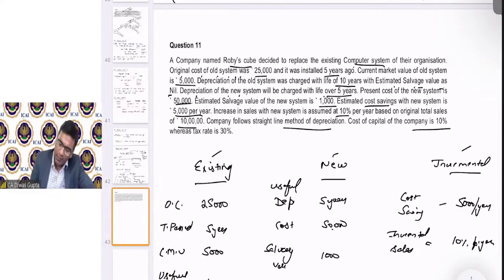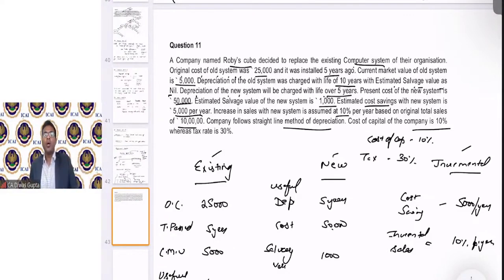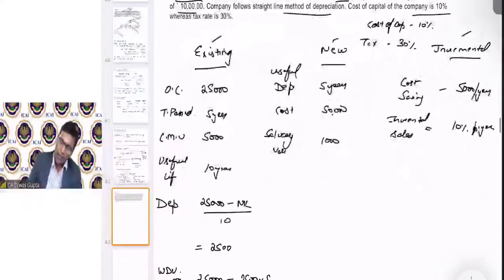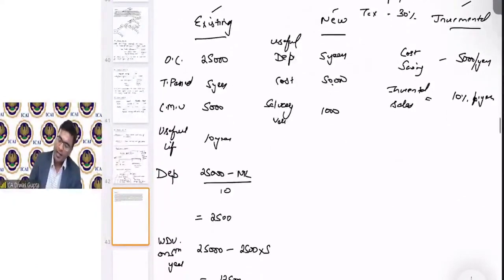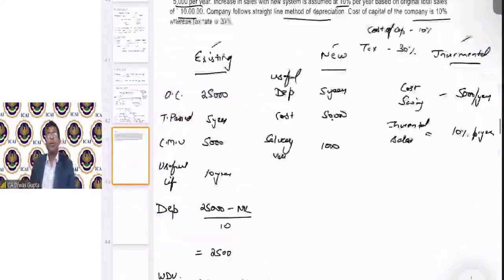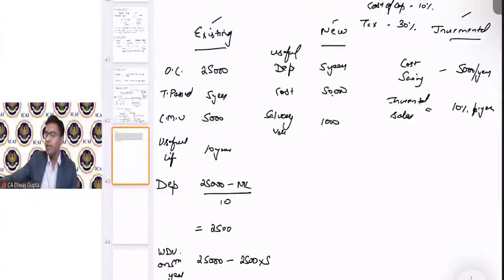Cost of capital of the company is 10%, and tax is given as a percent. Now we are required to assess whether we have to change this or not. Okay, students, these are points that we have to remember. We will keep on using this as and when needed. Okay. Now let us come to the solution.